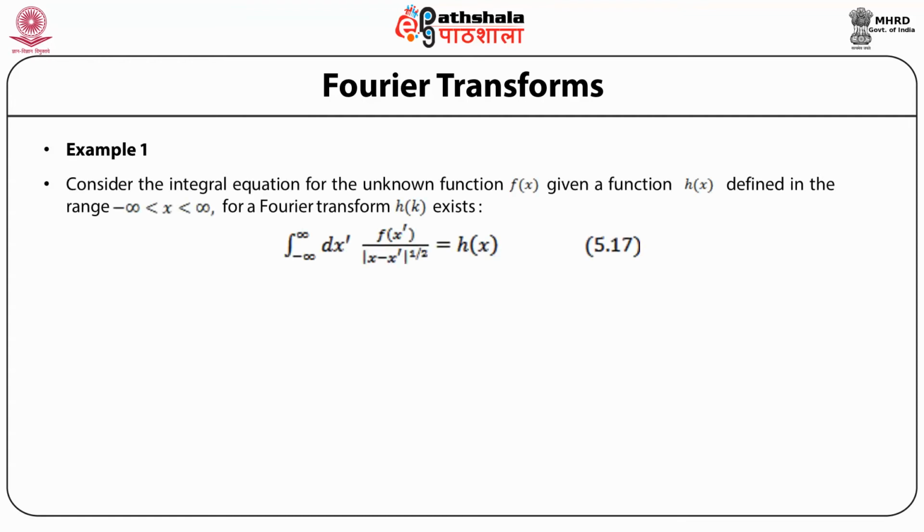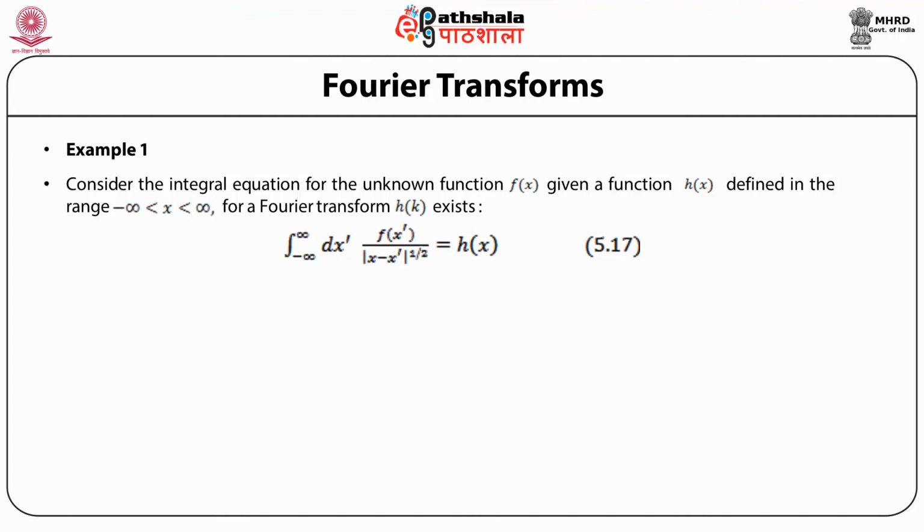Consider the integral equation for the unknown function f of x, where the function h of x defined in the range minus infinity to infinity is given, and H of k is the Fourier transform of h of x, assuming the Fourier transform exists.